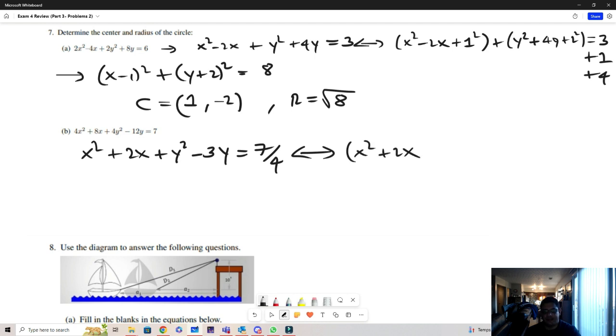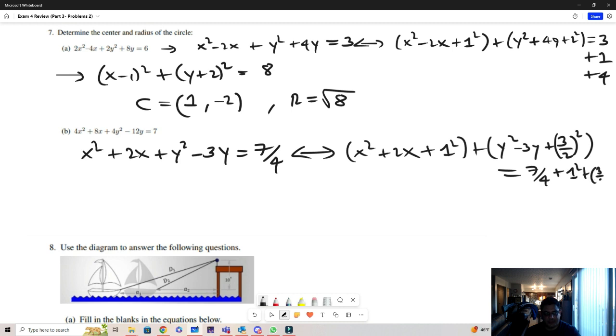We can add 2 divided by 2, 1 squared, plus here it is going to be 3 halves squared. And that's going to equal 7 over 4 plus 1 squared plus 3 halves squared.